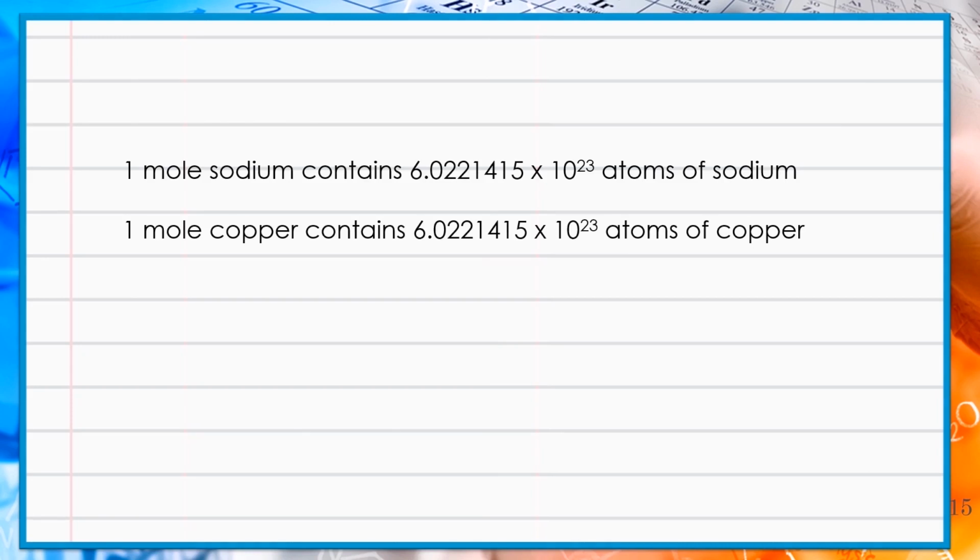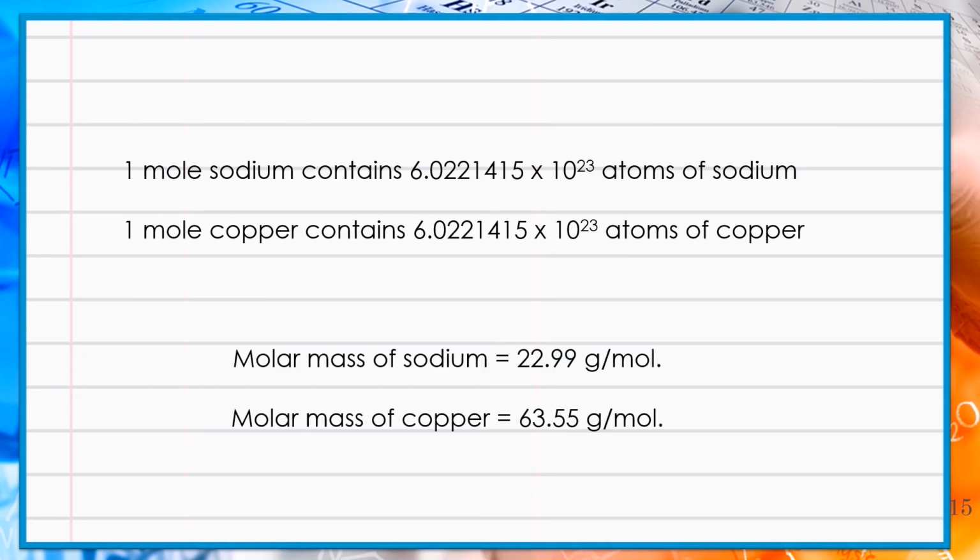However, it's important to note that 1 mole of sodium contains 22.99 grams of sodium, and 1 mole of copper contains 63.55 grams of copper. Notice that the molar mass we expressed earlier is the number of grams per mole.